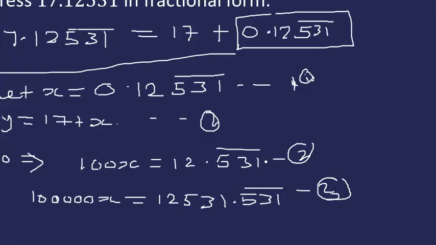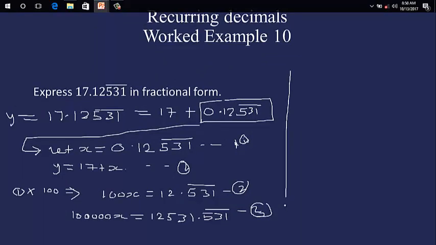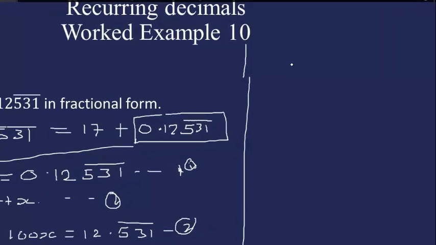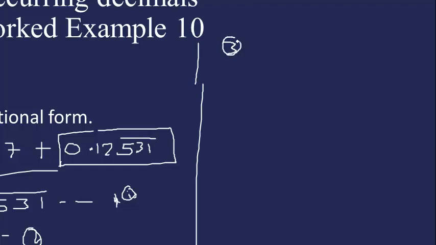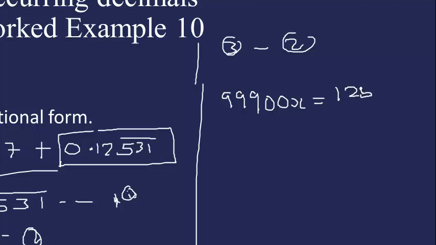Now we take equation 2 from equation 3, equation 3 minus equation 2. This will give us 99900x is equal to 12519.